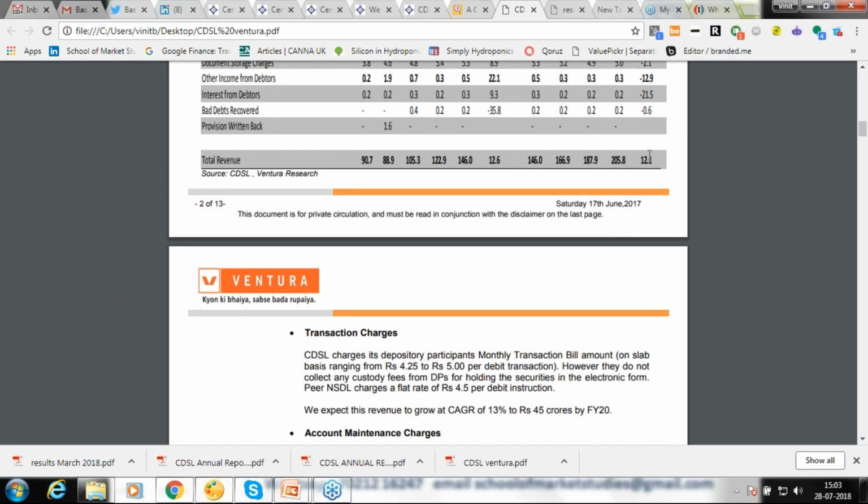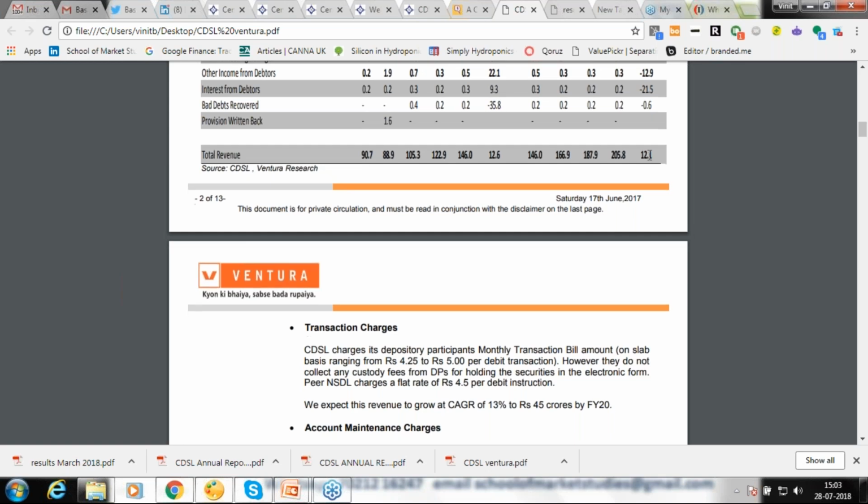So pretty steady business with upside potential built in from where? From insurance and from commodities that we think will grow. And third is the one-time opportunity for dematerialization of unlisted companies registered with the MCA.